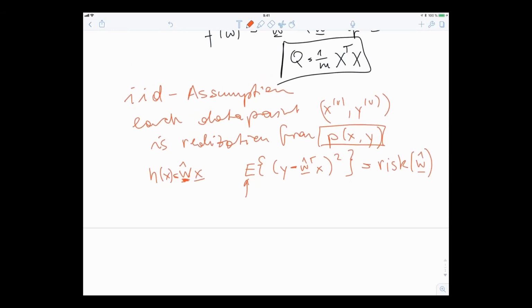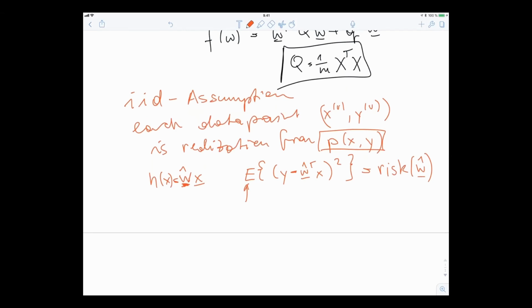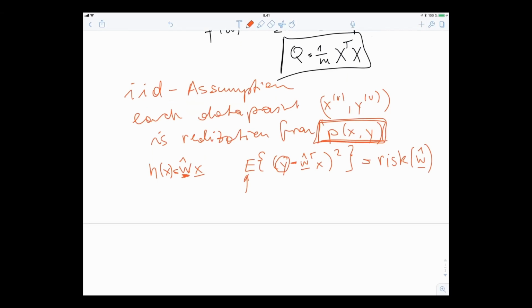Okay, but to analyze this more, I would need to say something about the true label. So how is the true label really related to the feature vectors? And one popular model, and this is basically one example for such a joint probability distribution, is what I call a linear Gaussian model. Instead of specifying this probability distribution function in a closed form, we define it by a structural equation.